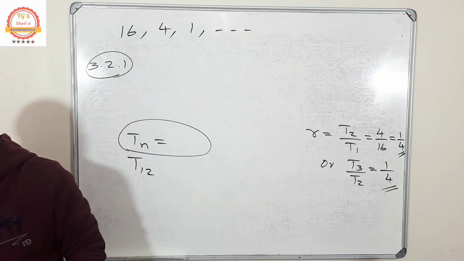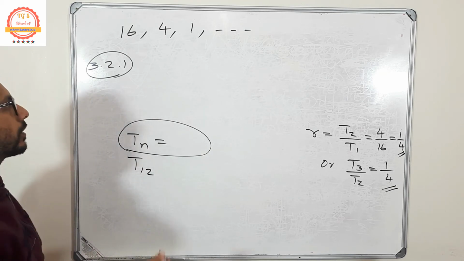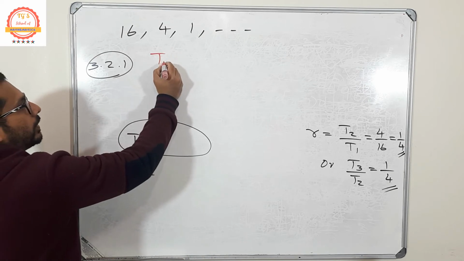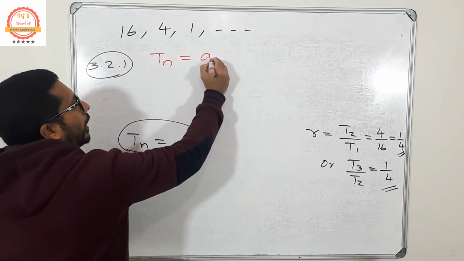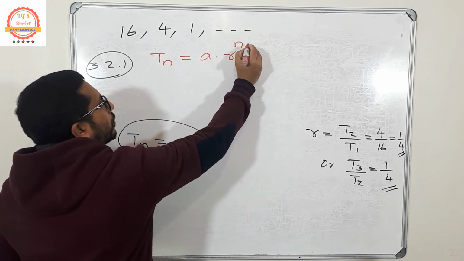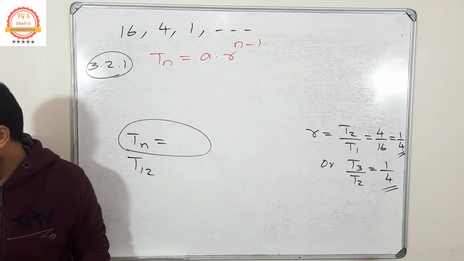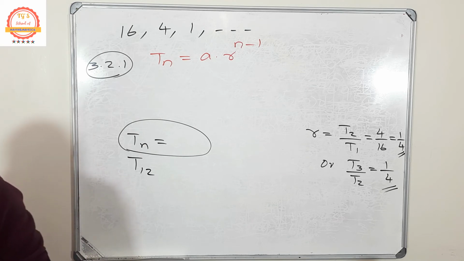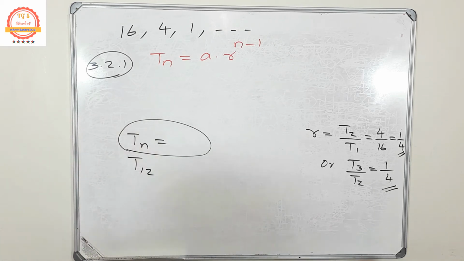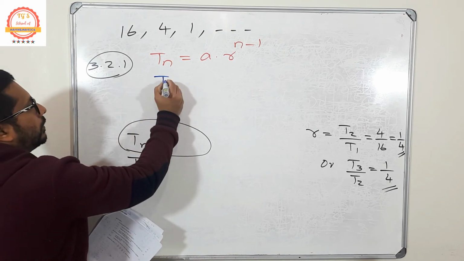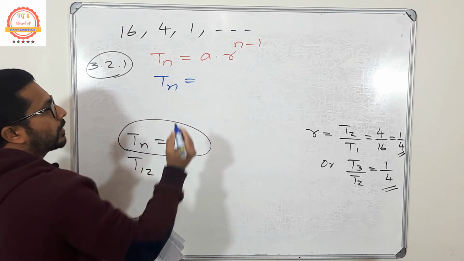What is the formula to find the nth term of a geometric sequence? Tn is equal to A into R raised to n minus 1. That is the formula to find the nth term of a geometric sequence. Now we can substitute the values that we know. A stands for the first term.